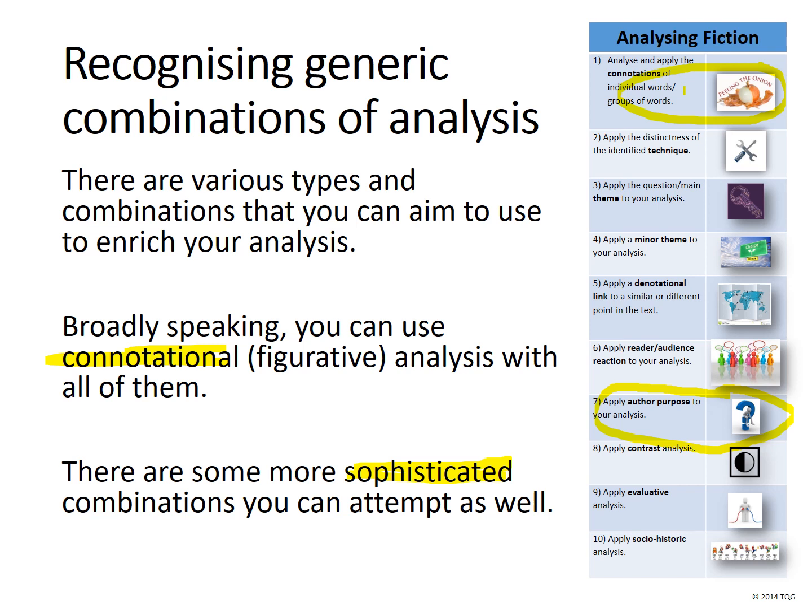Before I do this, I'd like to just refer you to each of these pictures. So the first type of analysis that I distinguished was connotational analysis. And we'll see this in a few moments on the next slide. The next type of analysis is looking distinctively at the kind of techniques used in that part of the text. The next two pieces of analysis are distinctive together.